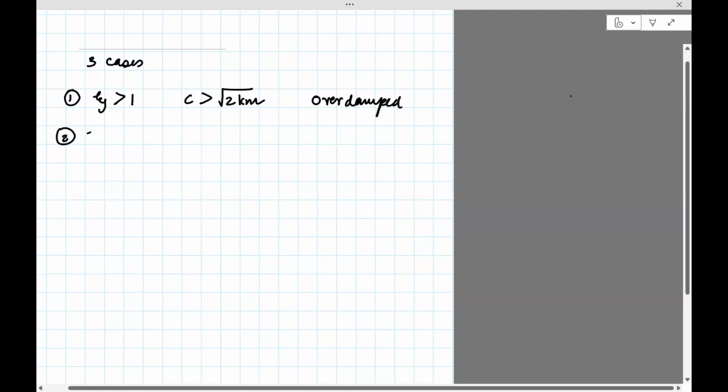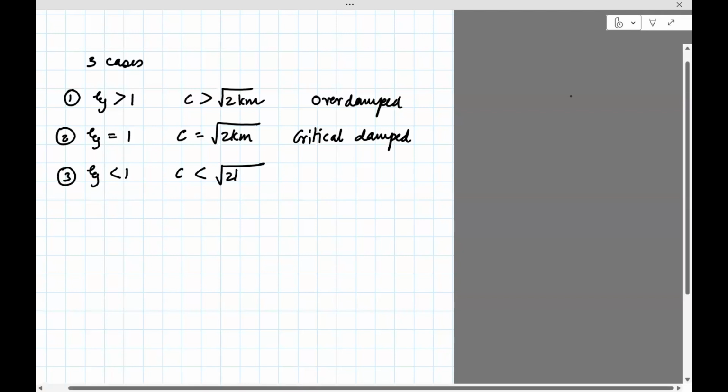The second one is psi equals 1. Here C equals 2 square root of KM. This is called the critically damped case. And then we have the third case where psi is less than 1 or C is less than 2 square root of KM. It's called underdamped.